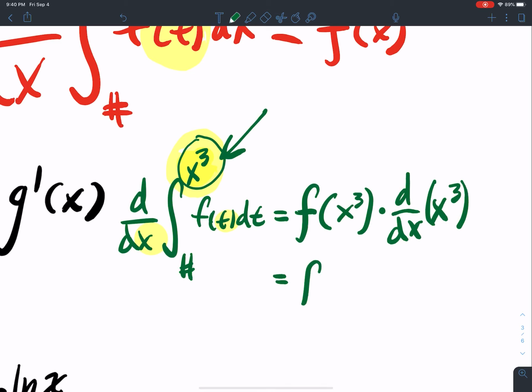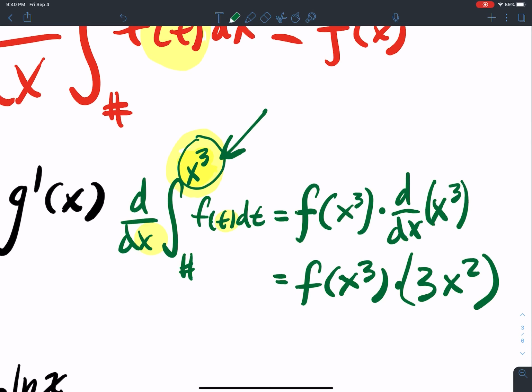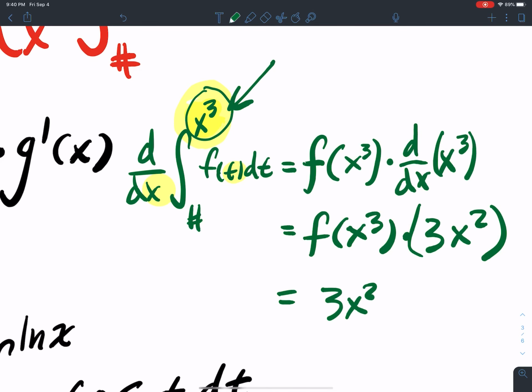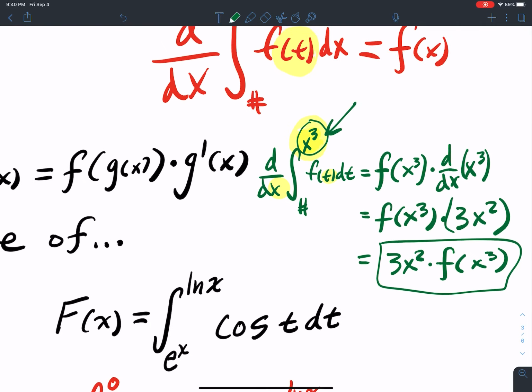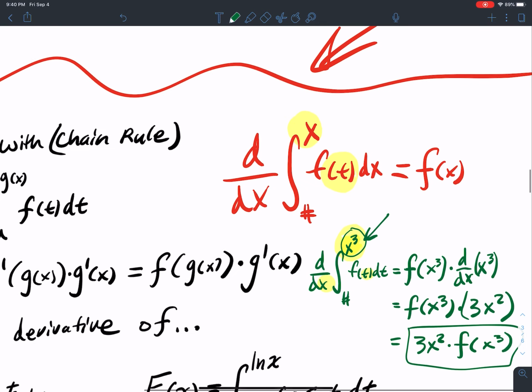And so this is f of x cubed times 3x squared. Okay? So your answer is 3x squared times f of x cubed. I just rewrote it in a different order there. All right?